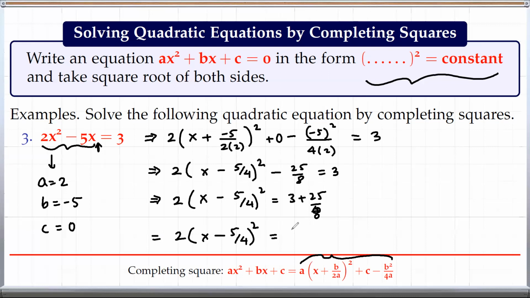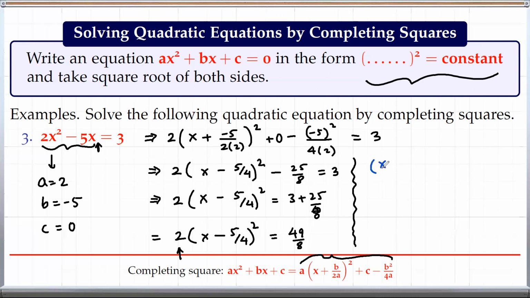So this will become 49/8. When you combine these two, 3 is 24/8. So 24 plus 25 is 49/8. Okay, now the last step. We don't want that 2 over here in the front.